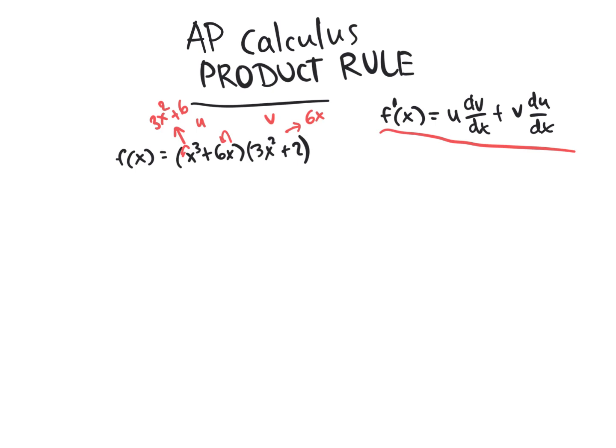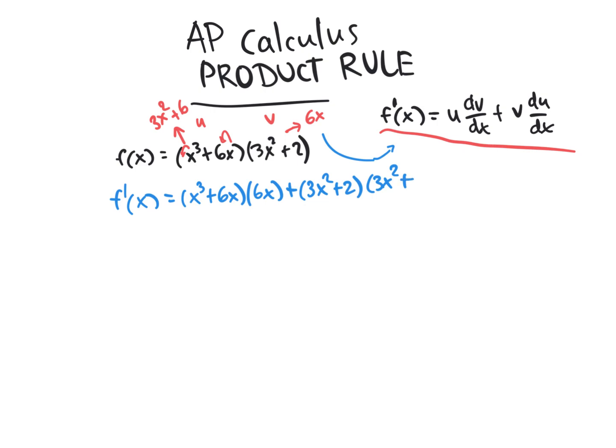Let's plug this back in to our known formula, and we can make f prime of x equal to x cubed plus 6x times 6x plus 3x squared plus 2 times 3x squared plus 6.